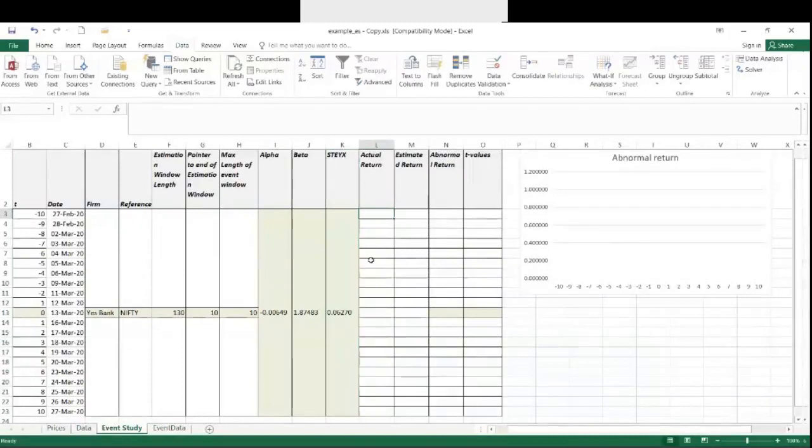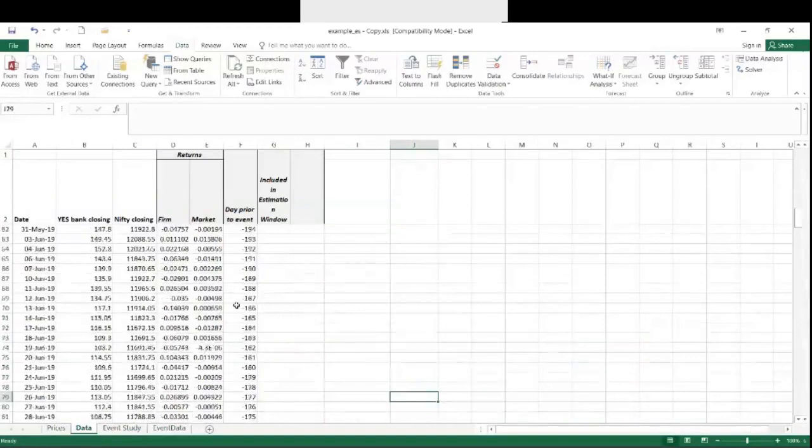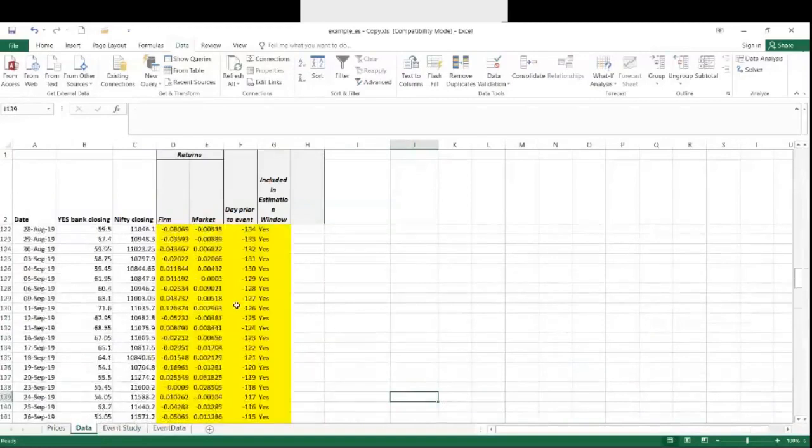So that then I have a list of actual returns, which I have already highlighted for plus and minus 10 days. So all I do is simply copy paste. Because for those days, around the event days, in the event window, I have to calculate the abnormal return using the estimation window, right?